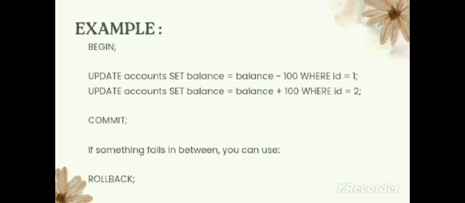So, this is the example. Begin. Update accounts set balance equals balance minus 100 where id equals 1. Update accounts set balance equals balance plus 100 where id equals 2.